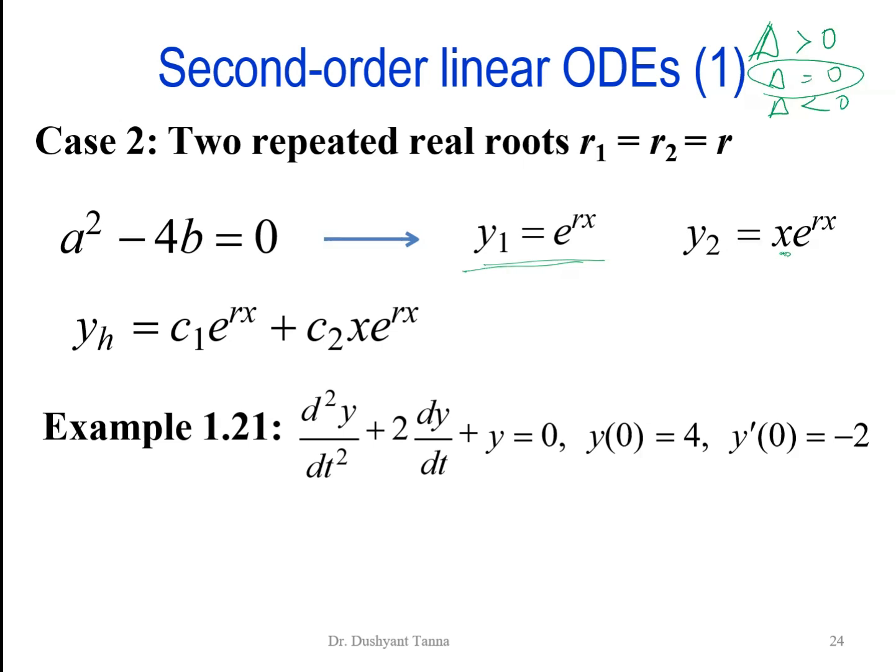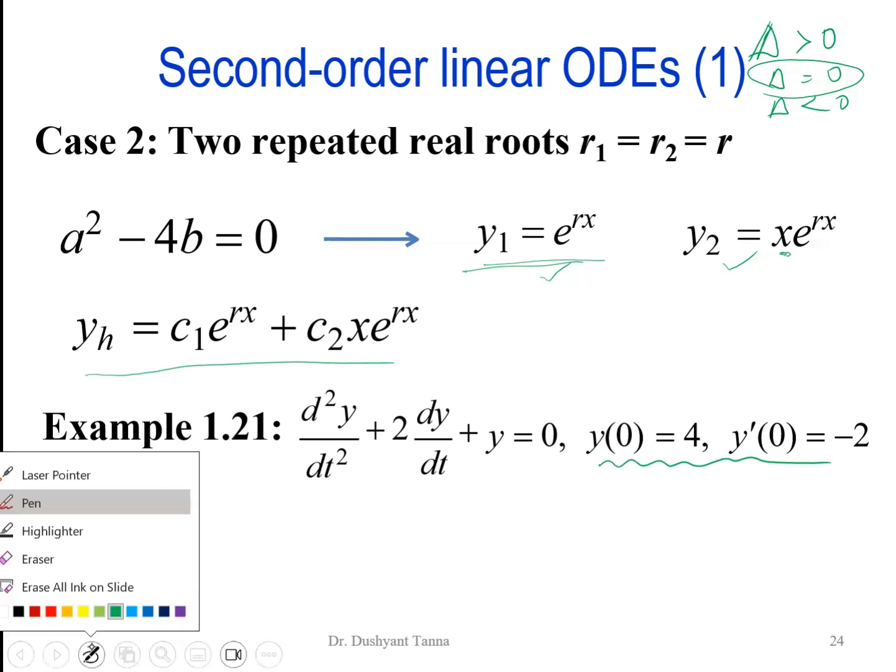Everything remains the same, the only change is your y1 and y2. Earlier y1 was e raised to r1x, y2 was e raised to r2x. Now it is e raised to rx and x e raised to rx, and so your general solution will be changed accordingly. In this instance we are given two values, so we can get rid of c1, c2 as well at the end.